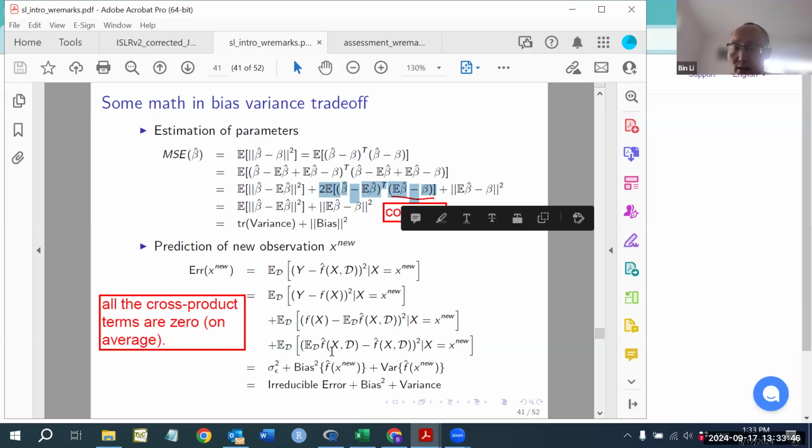Okay, and since this is an applied course, I will just list the proof here. If you are interested, just read it, and it's not difficult to understand. So you should be able to know why these can be decomposed into the bias and variance.